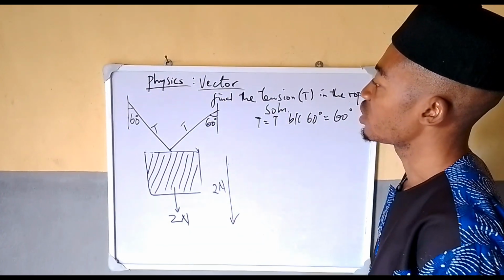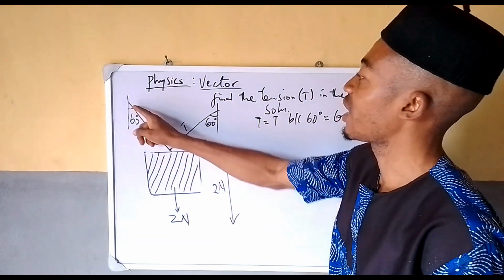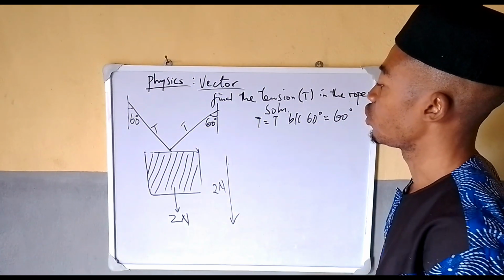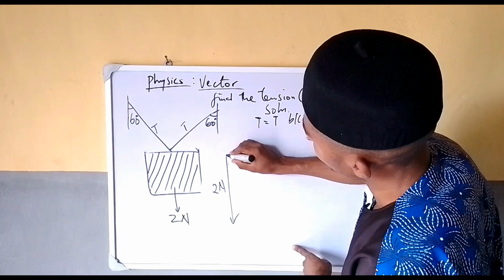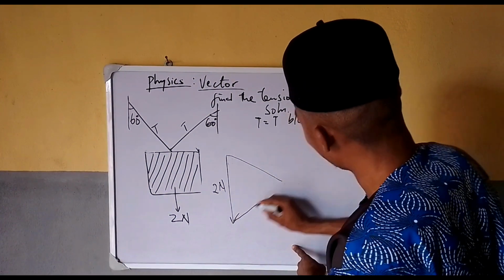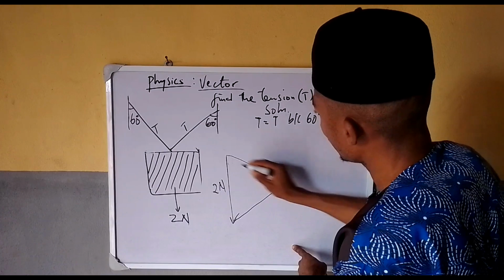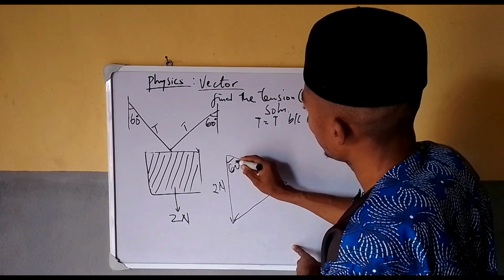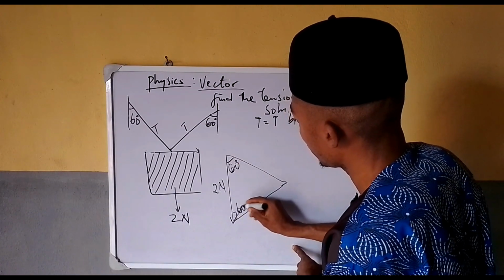Then we are told that the ropes are inclined at 60 to the vertical. So 60 here to the vertical and 60 here. So this is 60, this is 60.